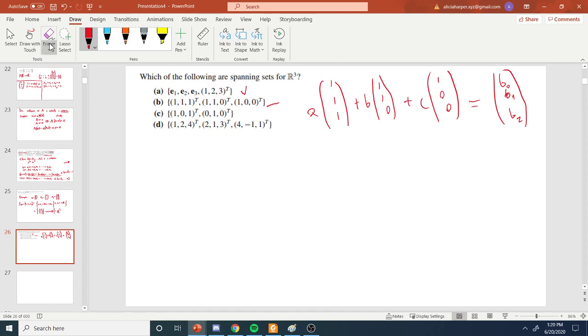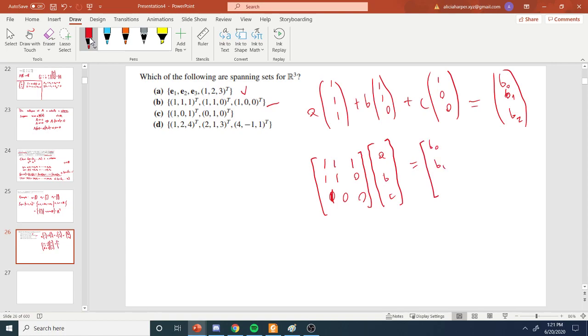So we can package this all up into a matrix equation. And so here I have a, b, c, and I have b0, b1, b2. Actually, I'm going to rename these variables just to satisfy my own OCD.